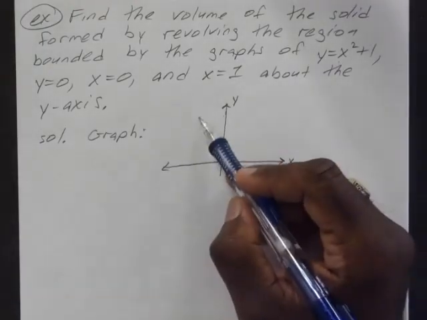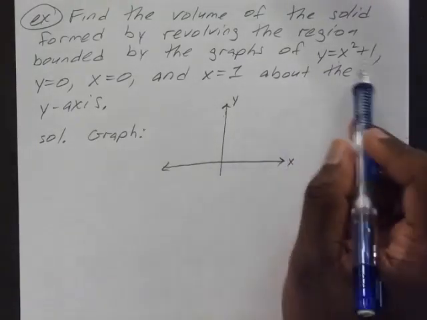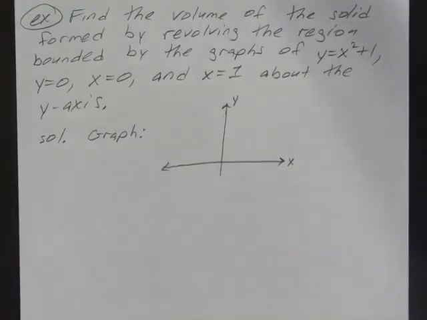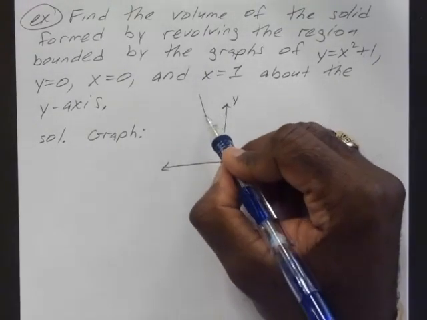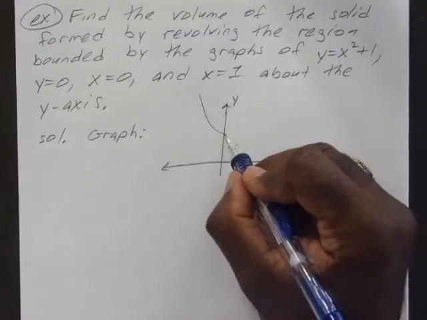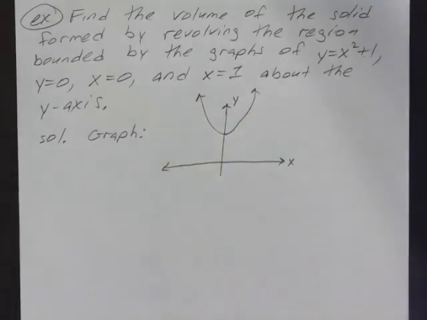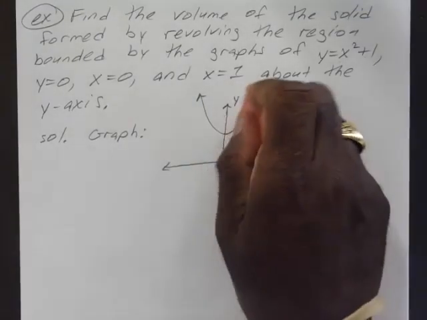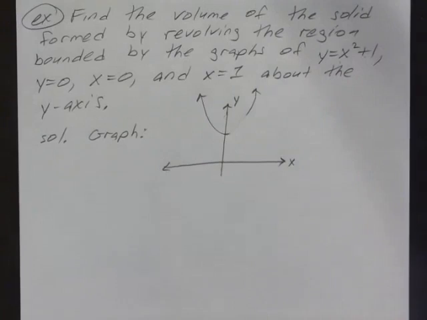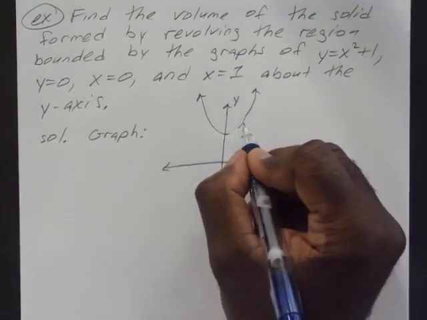Well, y equals x squared is right there on the x-axis, so x squared plus 1 shifts up 1 unit. Let me make that a little smoother looking.